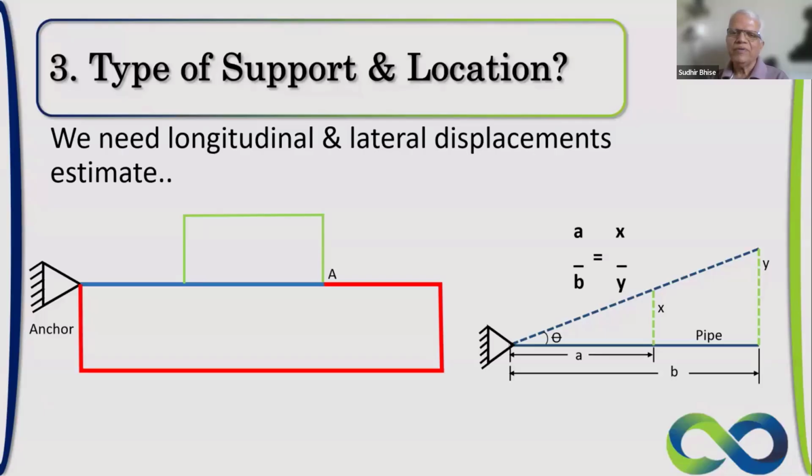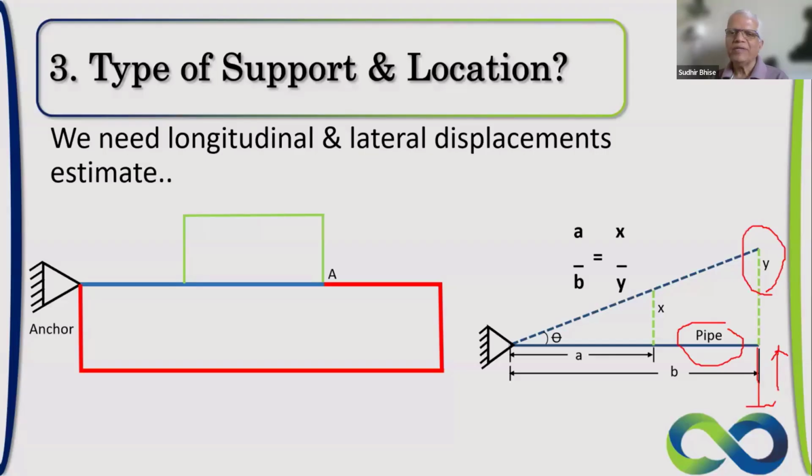In the second one, we are talking about the lateral displacement. Let me say it again. Suppose this line is connected with a pipe at the end also. Because of this, there will be a deflection of the pipe in this direction, a lateral deflection by amount y.